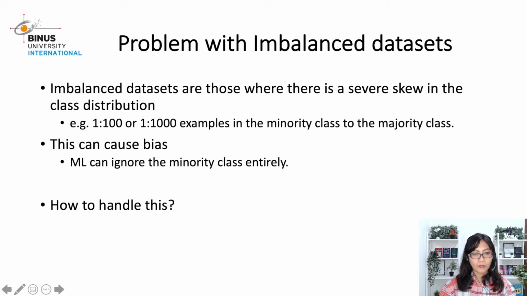So the number of samples in each class can be imbalanced. This can cause a bias. Machine learning can ignore the minority class entirely, so we don't want something like this, especially when the minority class is the important class.